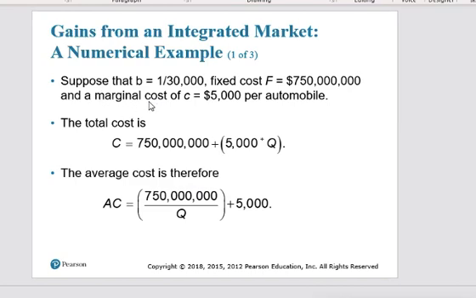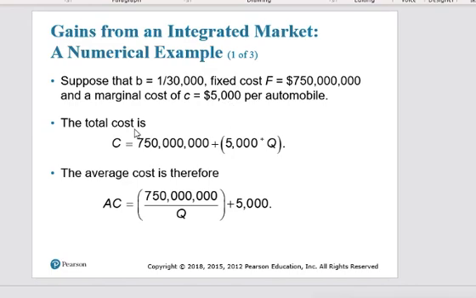And the marginal cost of C equal to 5,000 per vehicle. So you are manufacturing a passenger vehicle, and the material costs for building a car, like the metal, the seats, the tires, the radios, and everything inside the car, cost you about $5,000 per car.